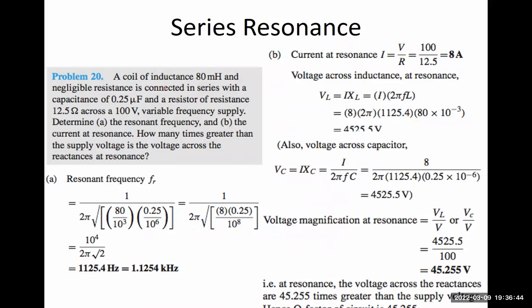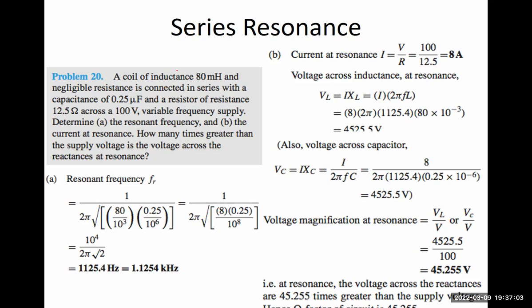So we are now to determine the resonant frequency and the current at resonance. So how many times greater than the supply voltage is the voltage across the reactances at resonance?